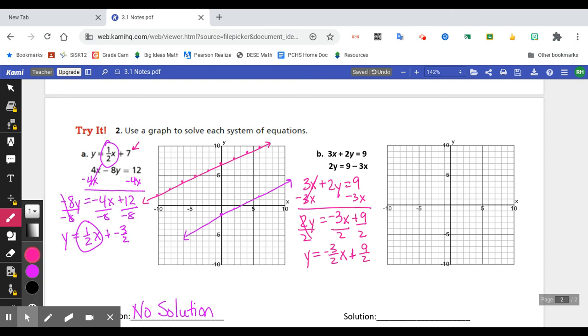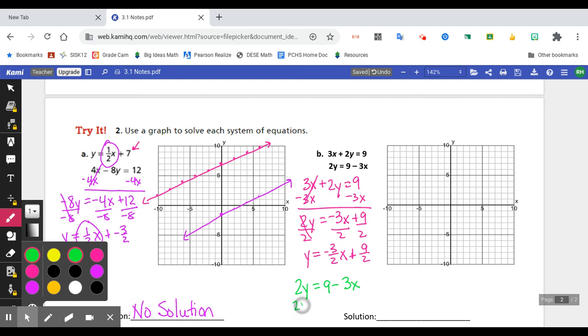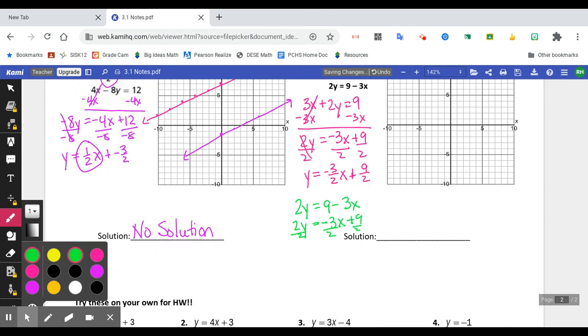Then let's do the bottom one. So I've got 2y equals 9 minus 3x. So let's switch this around so it looks right. 2y equals negative 3x plus 9. If I divide by 2, I have y equals negative 3 halves x plus 9 halves.